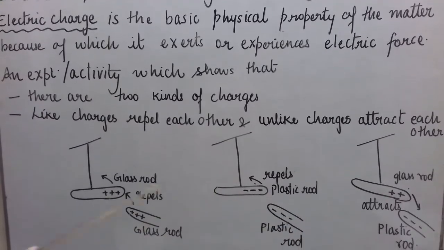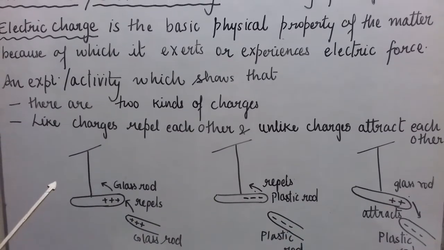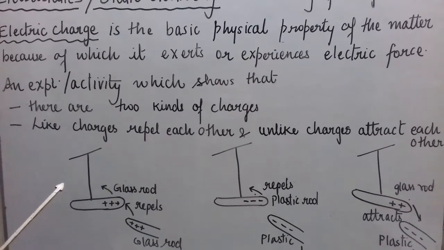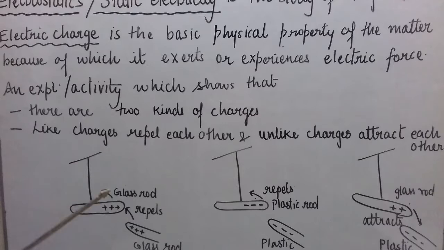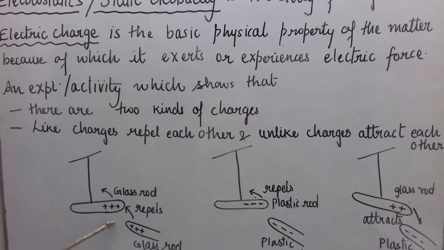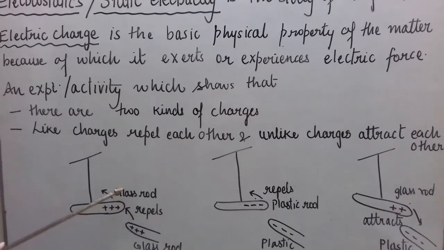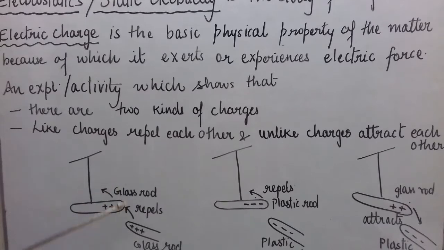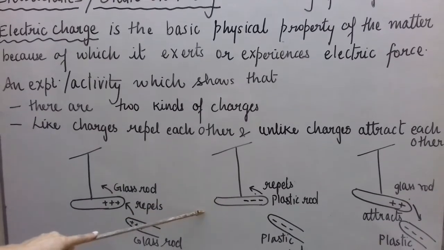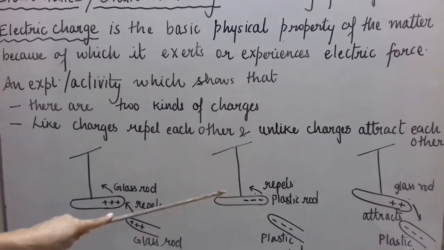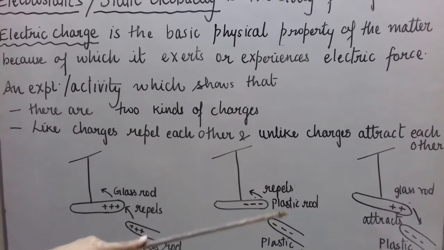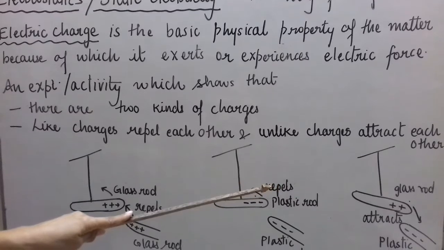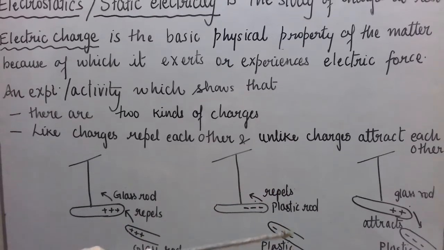From this experiment, we can conclude that after rubbing they get charged. From the first part, we see there is repulsion between the two similarly charged glass rods. In the second part, there is repulsion between two similarly charged plastic rods. In the third case, the charged glass rod attracts the charged plastic rod.